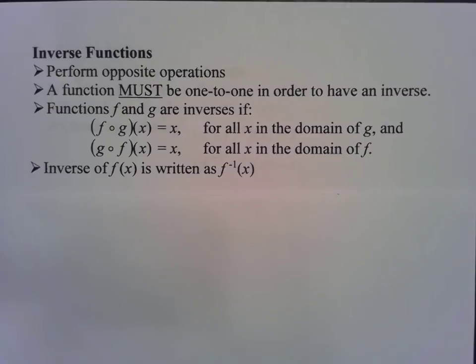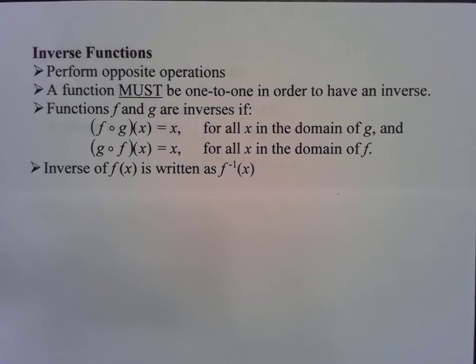Maybe one function adds 5 and the other function subtracts 5. Right? Those would be opposite operations. A function must be one-to-one in order to have an inverse. So that's part of the criteria and why we would take the time to look at what it means for a function to be one-to-one.